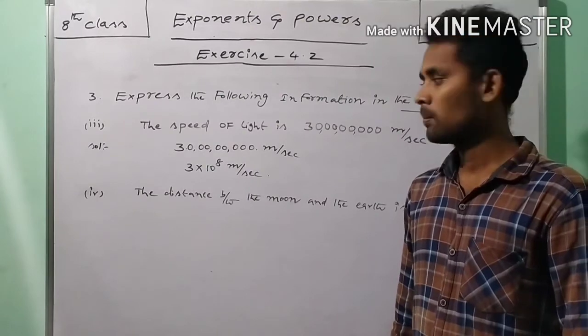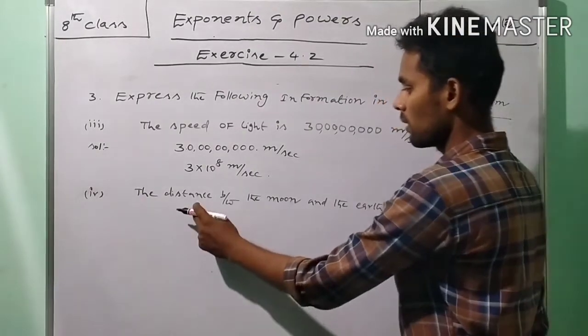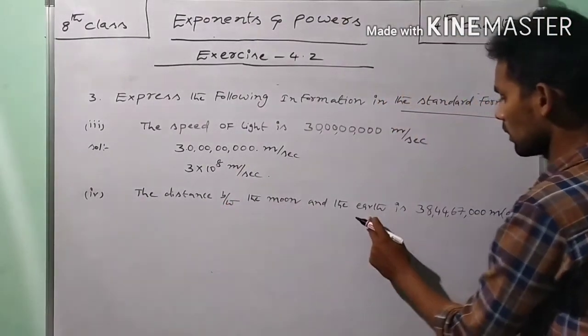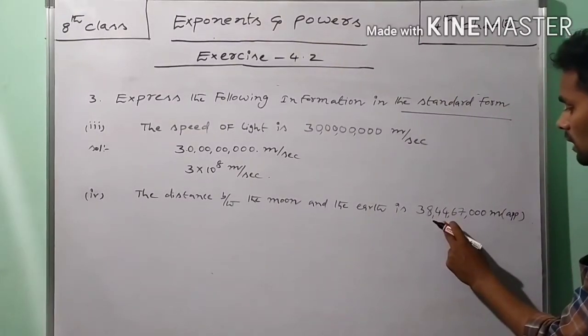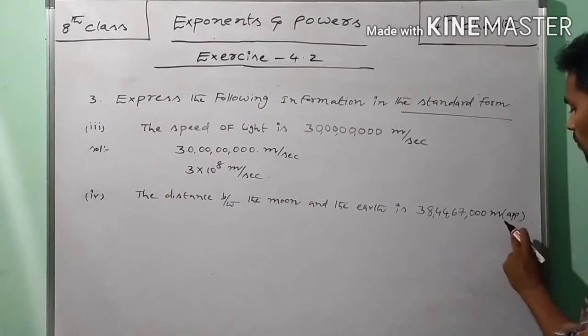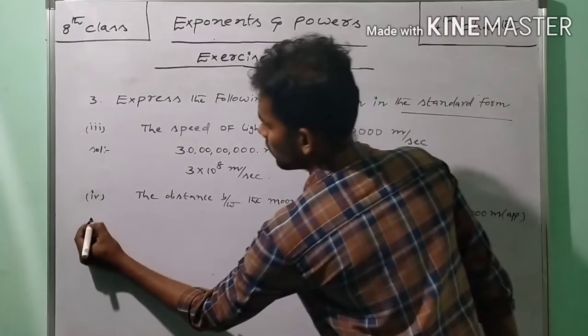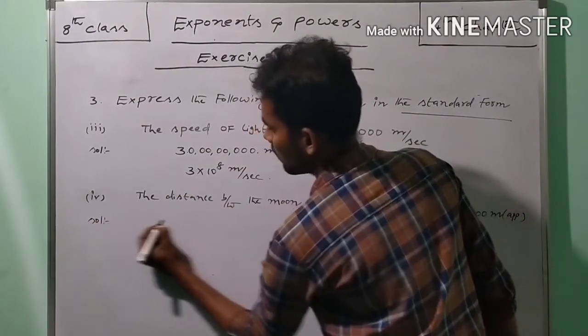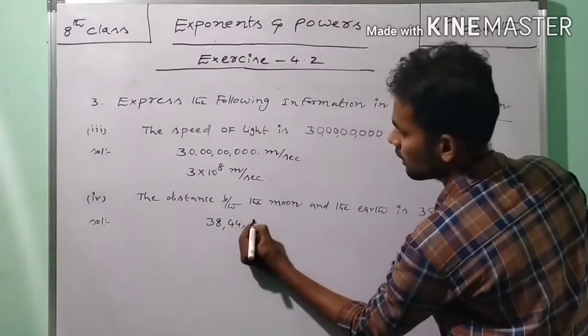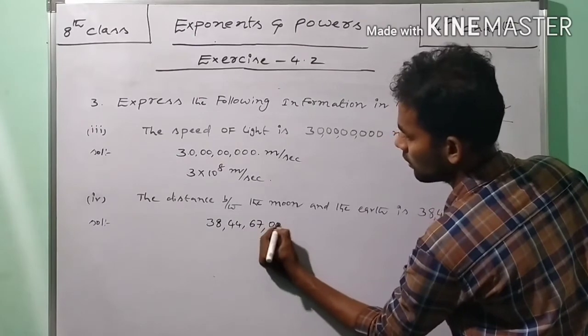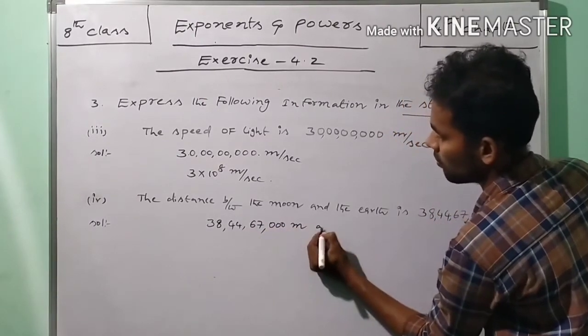Fourth question. The distance between the moon and the earth is 38 crores 44 lakhs 67,000 meter approximately. Solution: 38 crores 44 lakhs 67,000 meter approximately.